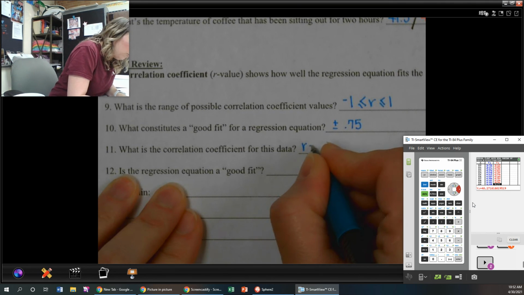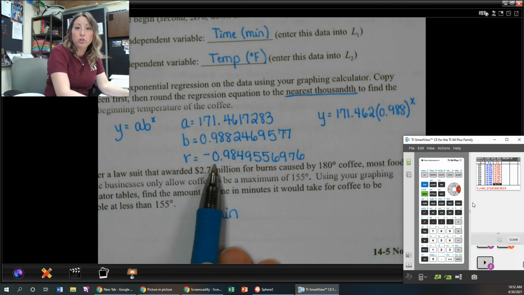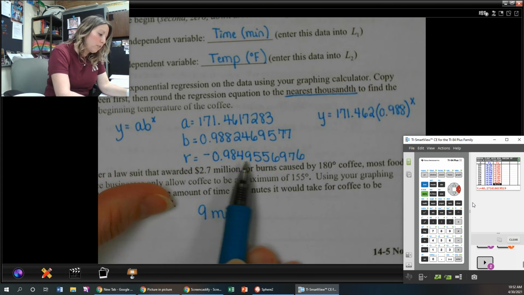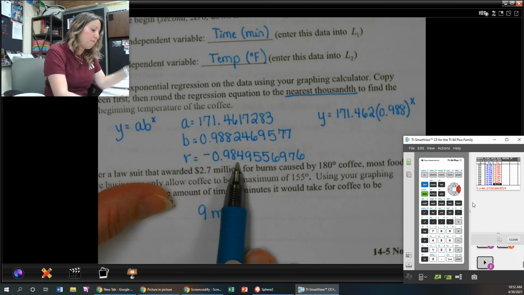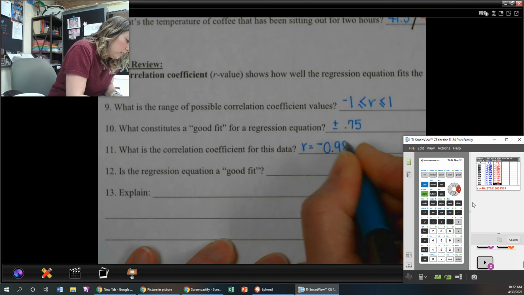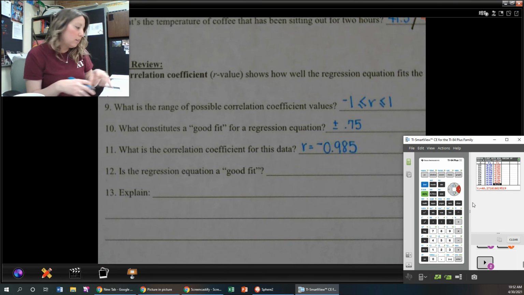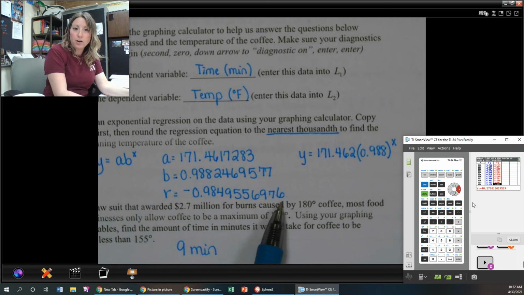What is the correlation coefficient for this data? I'm just going to review that R equals, from our previous, and I'm going to round to the third place. Our previous R value is -0.985. I'm rounding this time because we did already look at the full version with all of our decimal values.